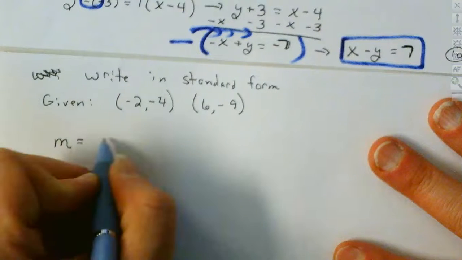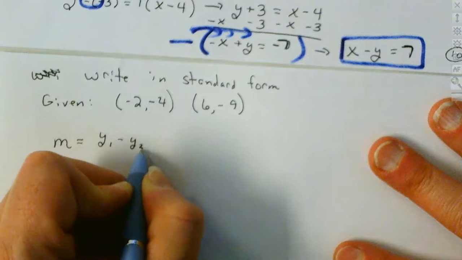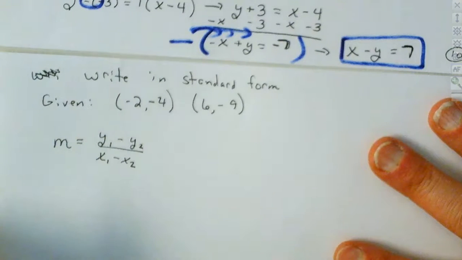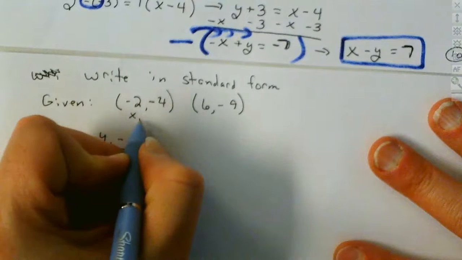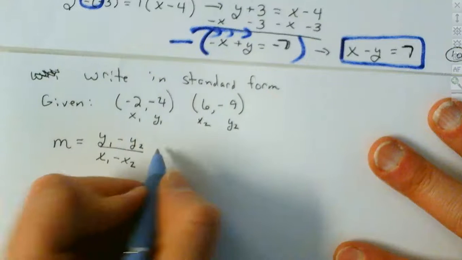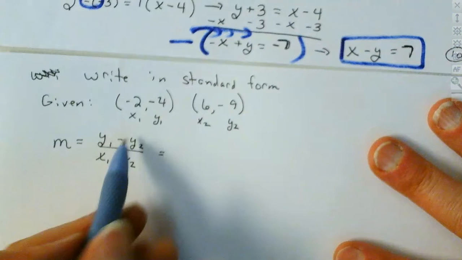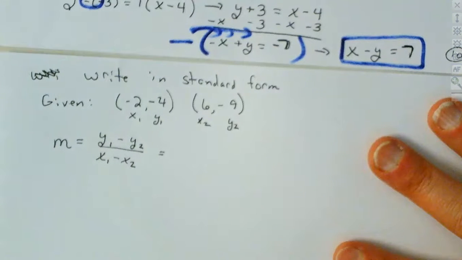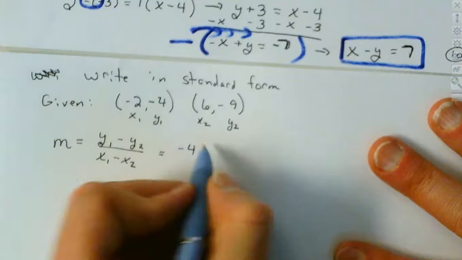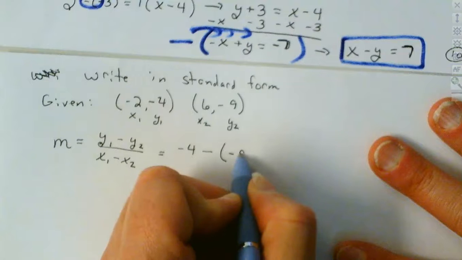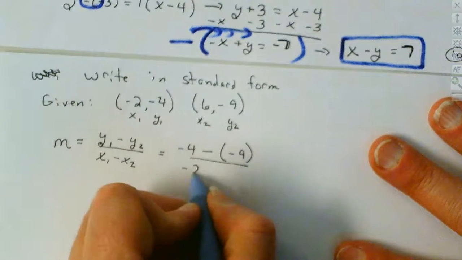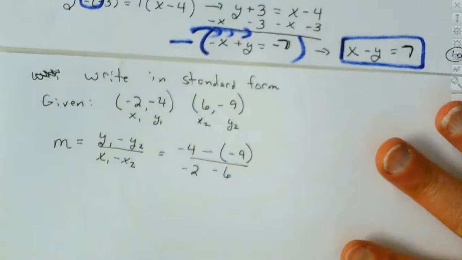So our slope m is y1 minus y2 over x1 minus x2, and x1, y1, x2, y2. We complete our formula here, and that gives you, watch your signs, a minus 4 minus a minus 9. So be careful with the double negative over minus 2 minus 6.